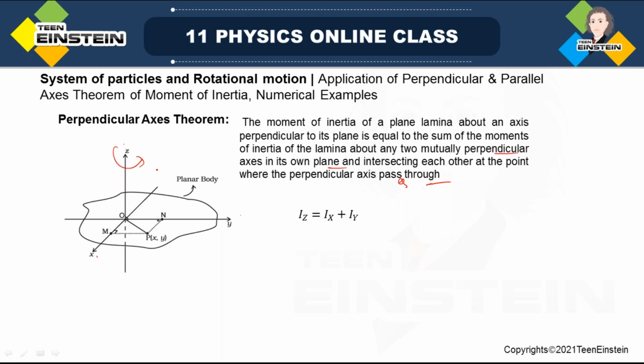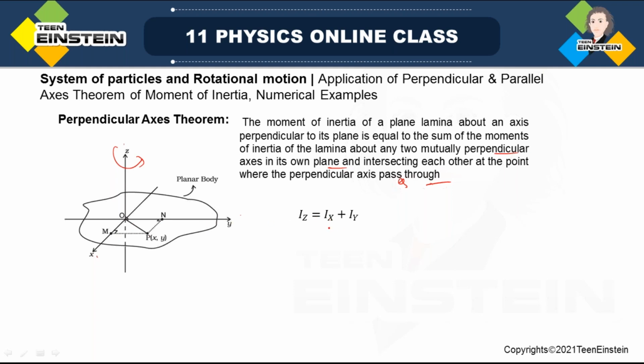If you want to calculate the moment of inertia about the z axis, it is stated that the moment of inertia about that axis, which is perpendicular to the plane of the lamina, is given by the sum of the moments of inertia about any two perpendicular axes. These two axes x and y are perpendicular to each other.